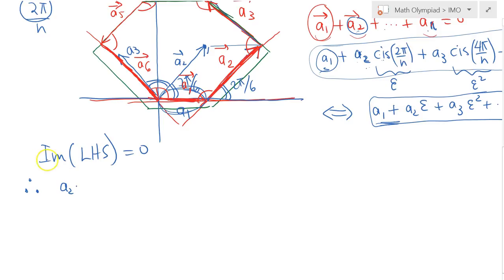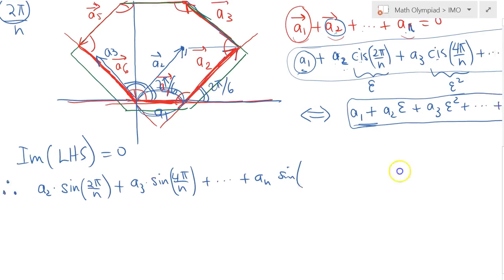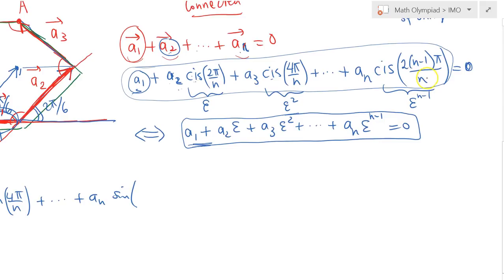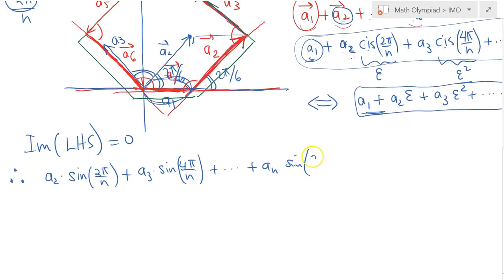So therefore the imaginary part would be just a2 sine 2 pi over n, plus the same thing with a3, right? a3 times sine 4 pi over n, and I will go all the way up to the last term, which was an sine, I believe I called it 2 pi over n times n minus 1, right? So therefore it is 2 times n minus 1 pi over n, and that better be equal to 0, like I said earlier.